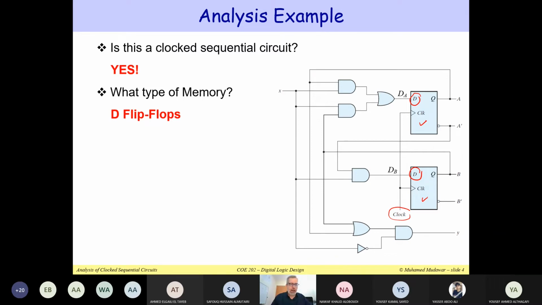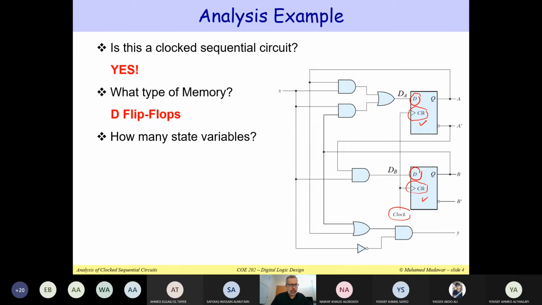We are using D-type flip-flops inside the sequential circuit. So notice the D input here. These are the simplest flip-flops that you can have in a sequential circuit. Remember that flip-flops are called flip-flops because they are sensitive to the edge of the clock. Notice the clock input here. This arrowhead indicates that these are flip-flops.